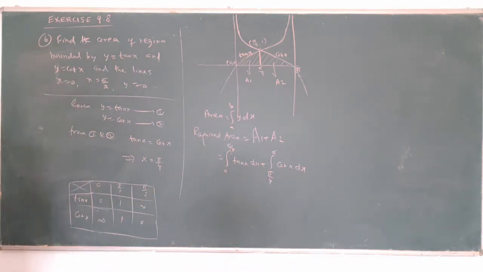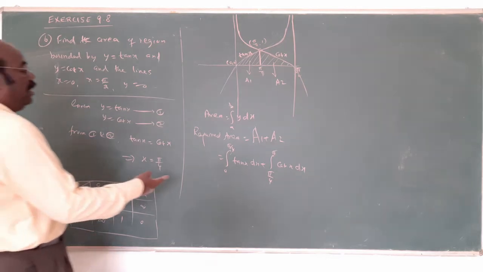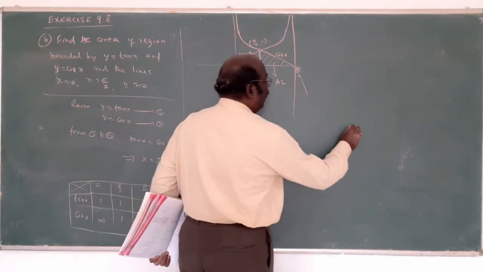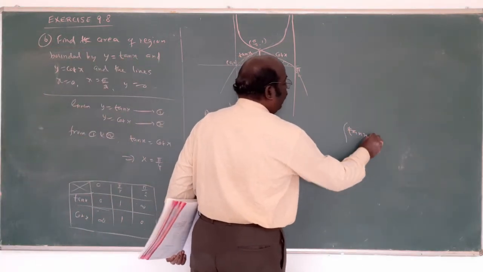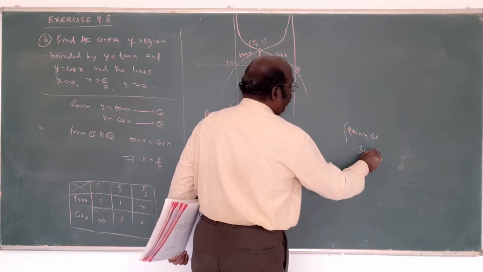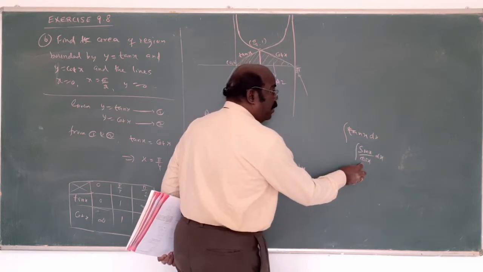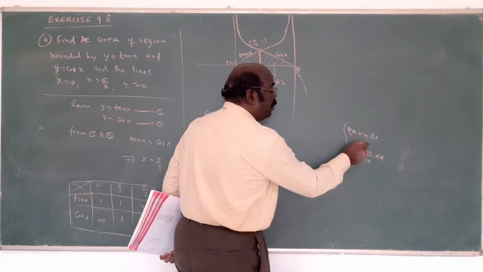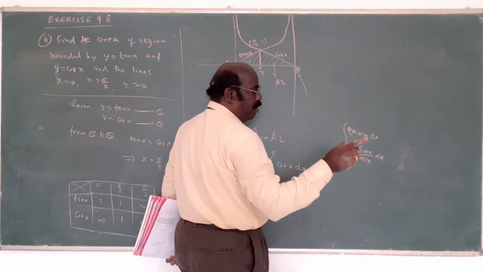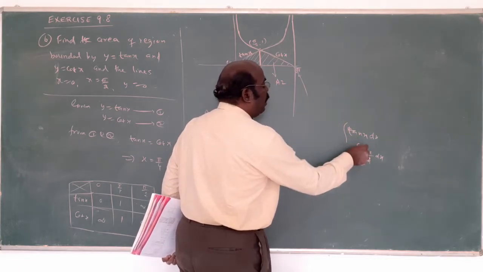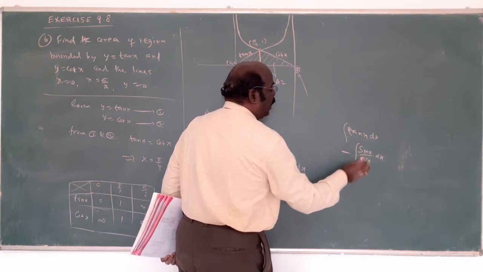What is the integration of tan x? Listen here, tan x becomes sin x by cos x. The integration of the derivative of the denominator over the denominator is the log of the denominator, that is the formula. So the derivative of cos x is minus sin x, so put minus here, minus here.